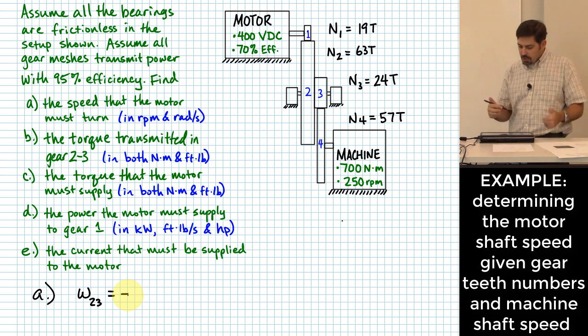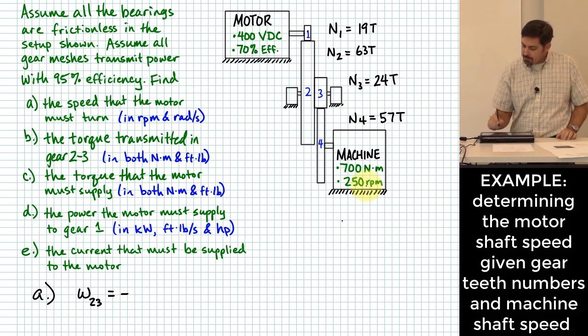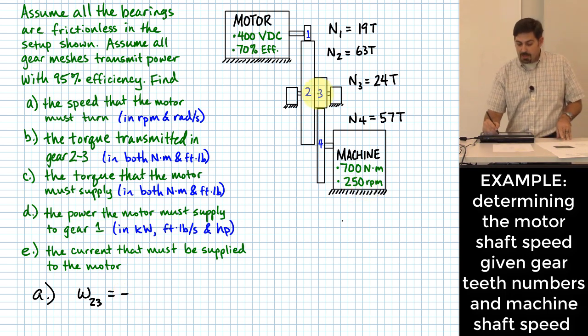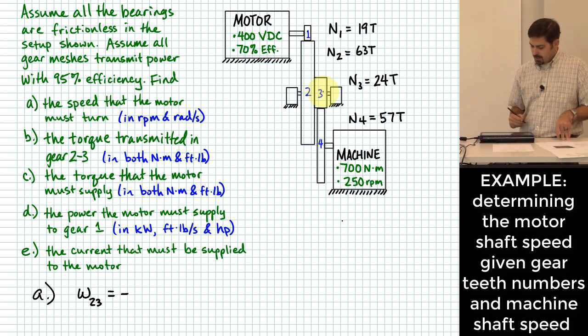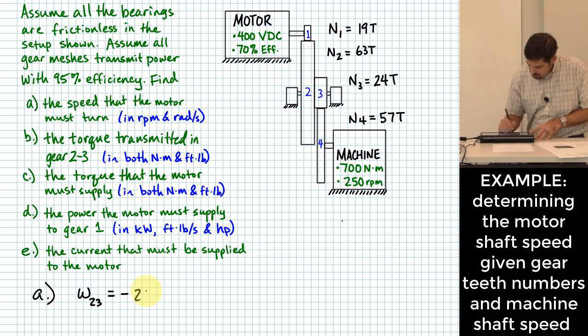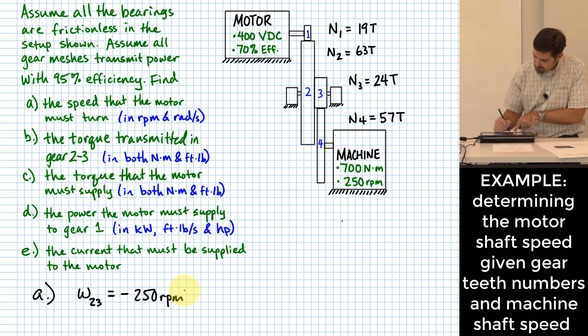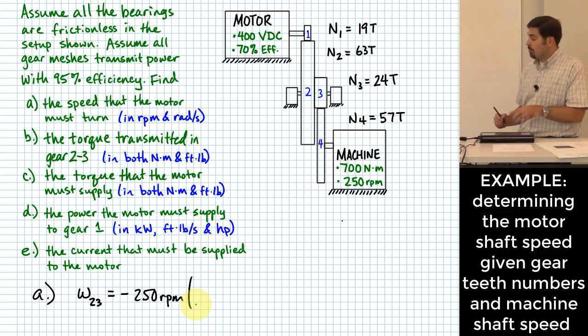Okay? So when we go from the machine where we know the RPM of the machine and you want to go up to what's the RPM of gear 3, what direction should that ratio go? Right? 250 RPM times what ratio? Should make omega 2-3 go faster.